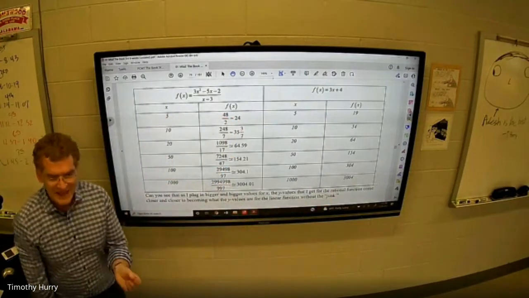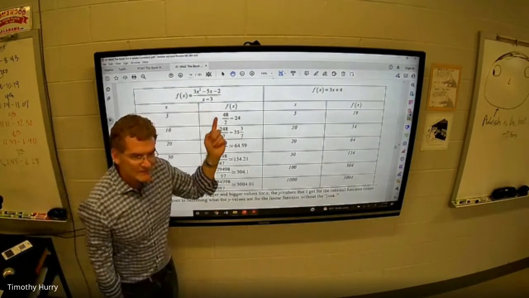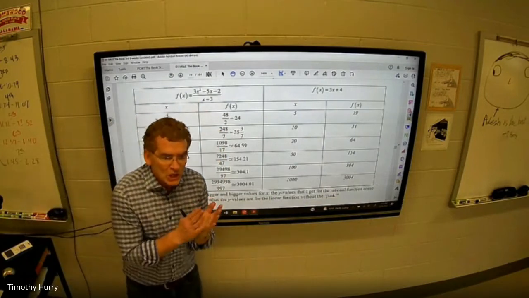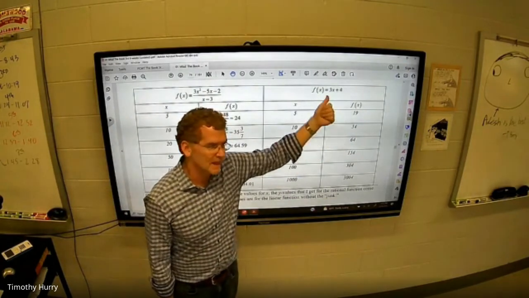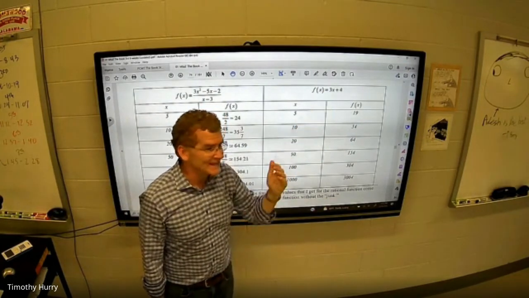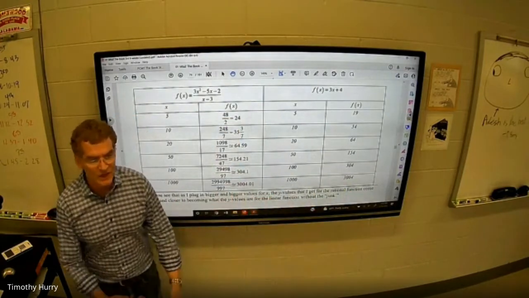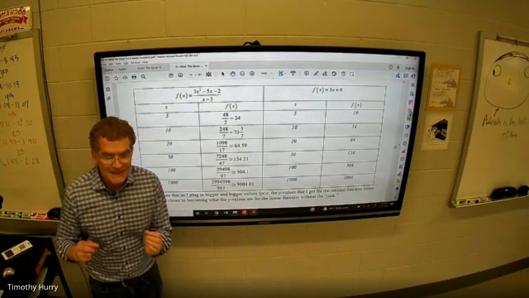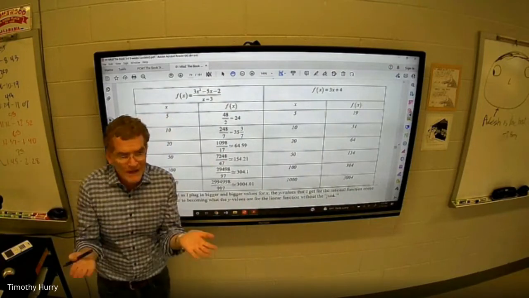They're almost exactly the same. What does that mean? That means that this ugly function is getting closer and closer to looking like what? That line. So it never becomes exactly that line. Now, if you were rounding to the tenths or the hundredths, yeah, they would look the same. But it actually is just getting closer and closer, like what an asymptote does.